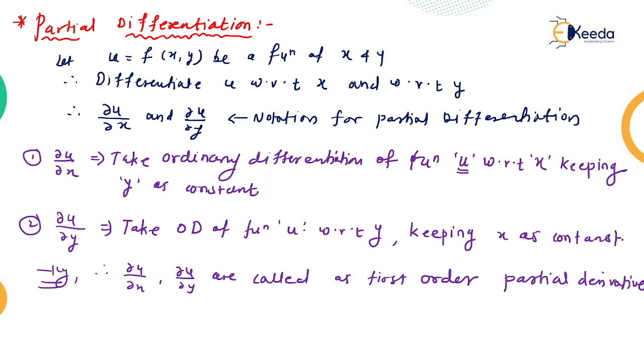So let's see. Suppose u is a function of x and y, and you have to differentiate u with respect to x. So I am writing here: differentiate with respect to x. What will we get here? Here you will get ∂u/∂x. But how to take it?